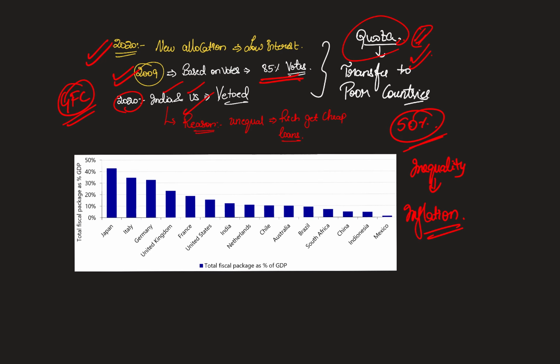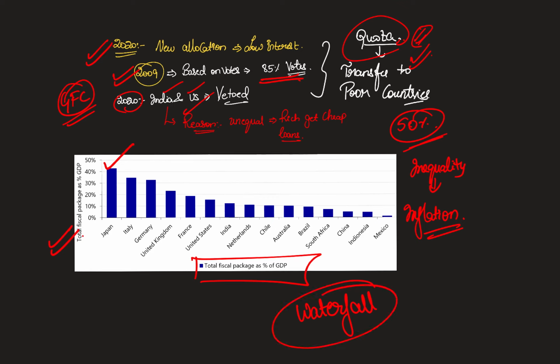Also, when we were discussing in the first chapter about the amount of money spent as a percentage of GDP towards the COVID fiscal stimulus, you can see almost 50% of the GDP, 40% of the GDP. There are a lot of countries which poured in such huge amount, like a waterfall approach which we discussed, leading to the present state of hyperinflation in a lot of small countries.